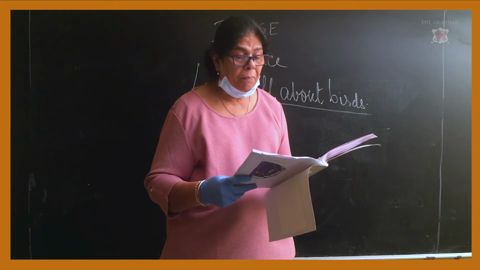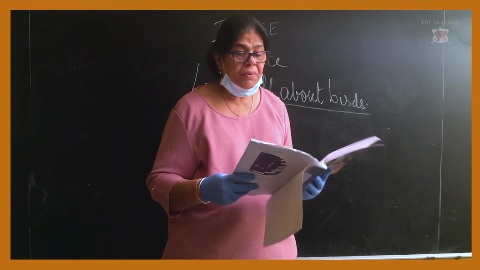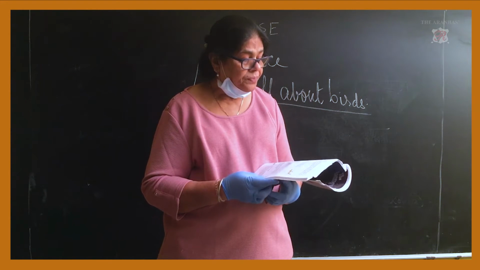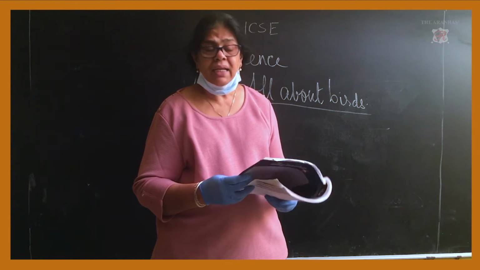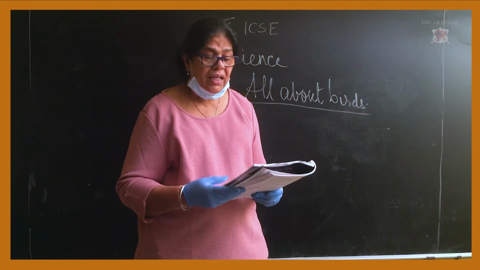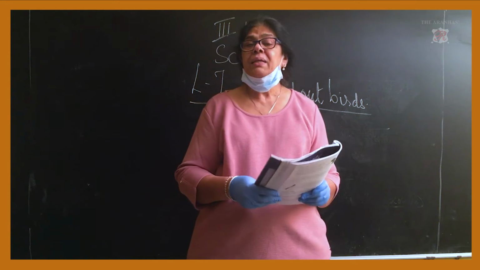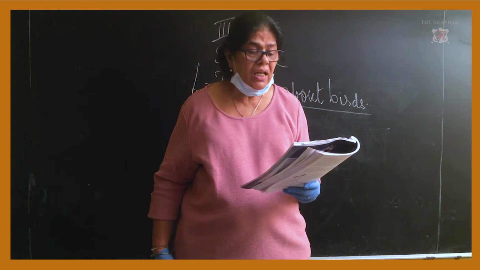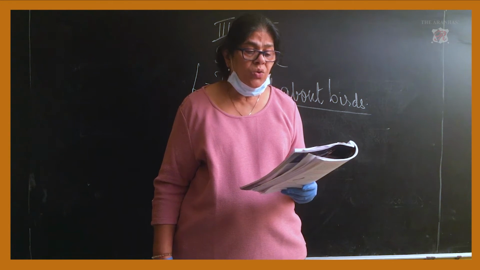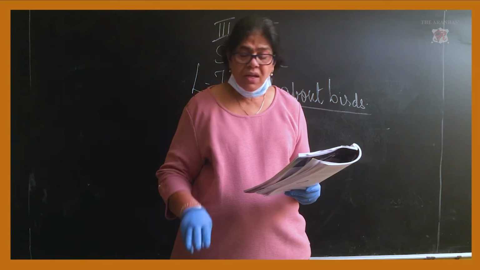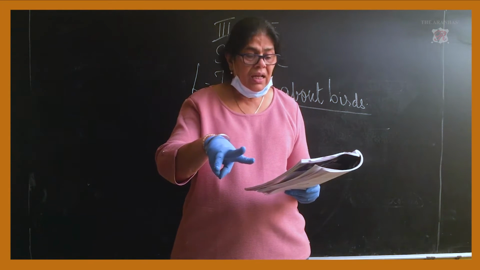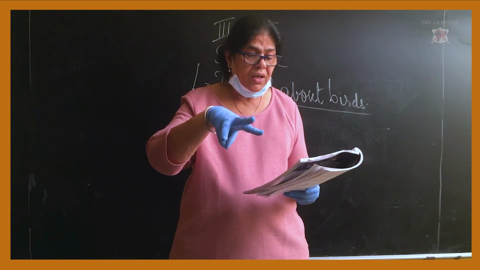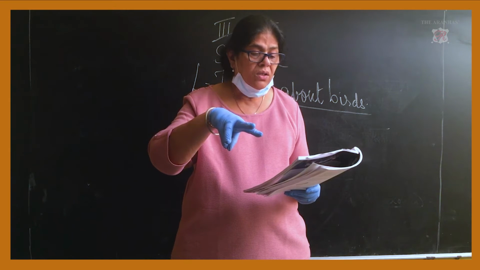Now there are perching birds, birds which perch on trees, like crows, mynahs, sparrows. They grip the branch as they perch on the trees. They catch hold of the branch on which they are sitting. They have front toes, 3 in number, and 1 to the back.